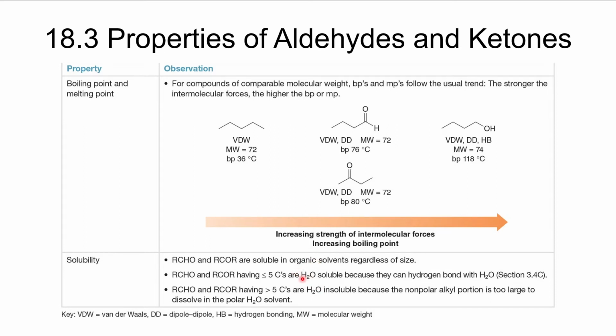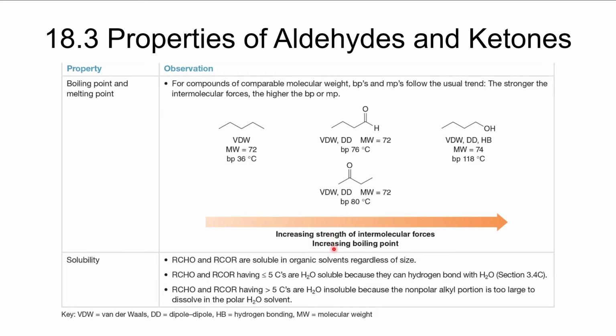So we'll have like a phase diagram for that. And if you get to more than 5 carbons, you're going to have tough luck getting them to dissolve. So that 5 carbon rule is usually about when you'll start to see a significant drop off in the solubility, somewhere at around 5 carbons.